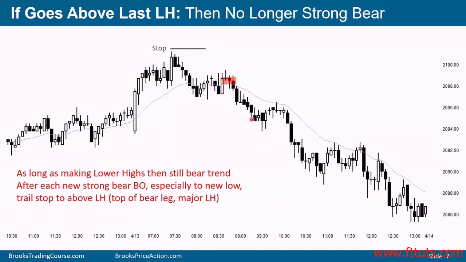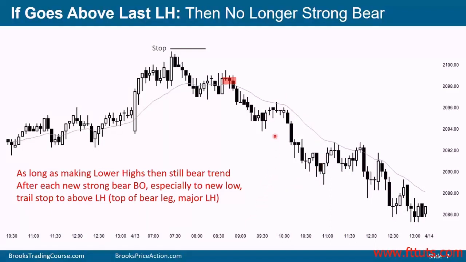Every time there's a strong breakout to a new low, traders will tighten their stops because here, you get a strong breakout to a new low. Therefore, this high is important. It's major. And as long as the rally up stays below the major lower high, the premise of a strong bear trend is still intact.